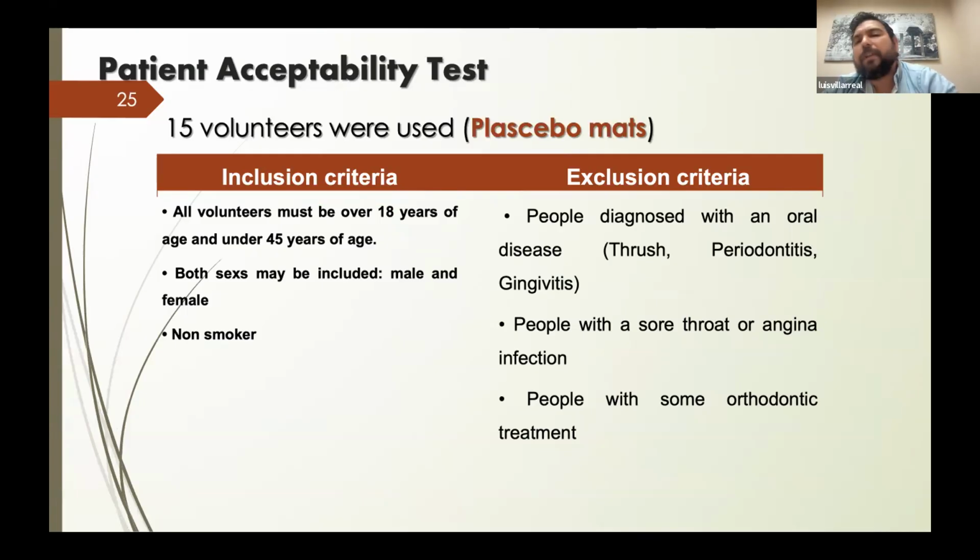We only put the mats, and the idea is to test the acceptability for the patient. We have some inclusion criteria, such as age. We can use both sexes, but the volunteer must not be a smoker, and if you have a certain condition in the oral cavity, you are excluded.